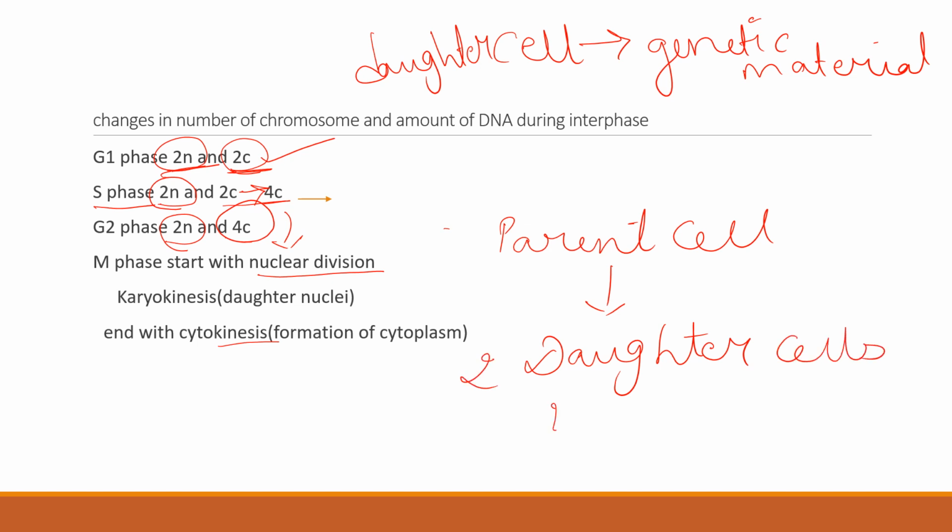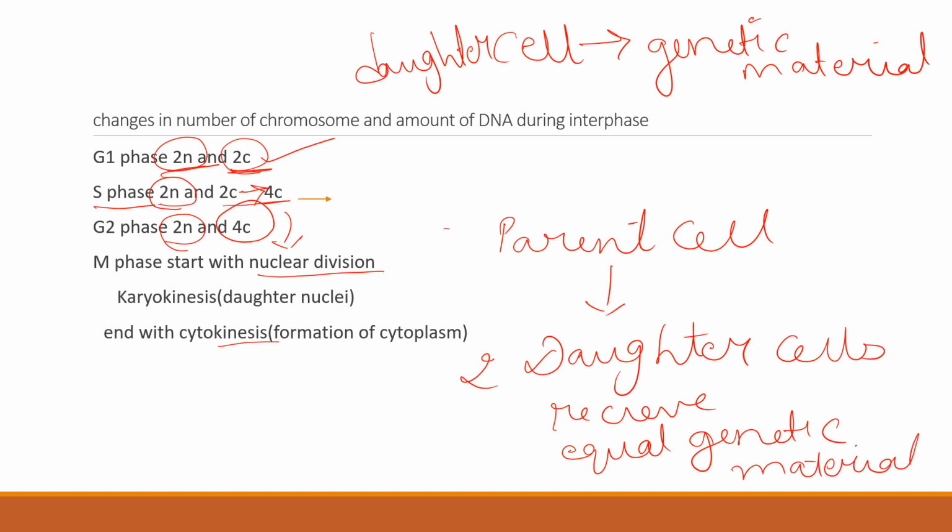They both will receive an equal amount of genetic material, and this occurs only in mitosis. In meiosis, an equal amount of genetic material is not received. They would receive half the amount of genetic material so that during fertilization the diploid condition is sustained.